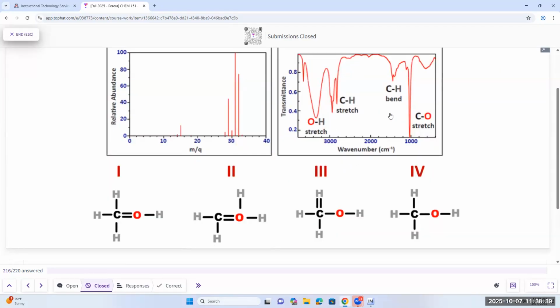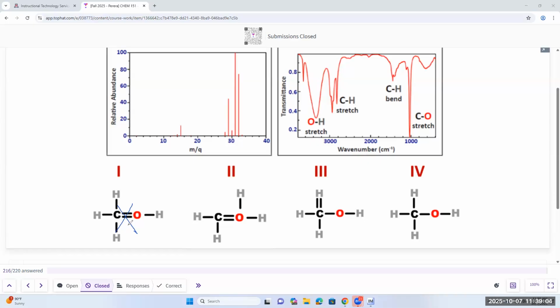In the IR spectrum, we have OH bonds, CH bonds, and CO bonds. So if you look at option 1, we don't have CO bonds, we have C double bond O though, which is not in our IR spectrum. Therefore, can 1 be our answer? No, this cannot be our answer because we do not have C double bond O in our IR spectrum.